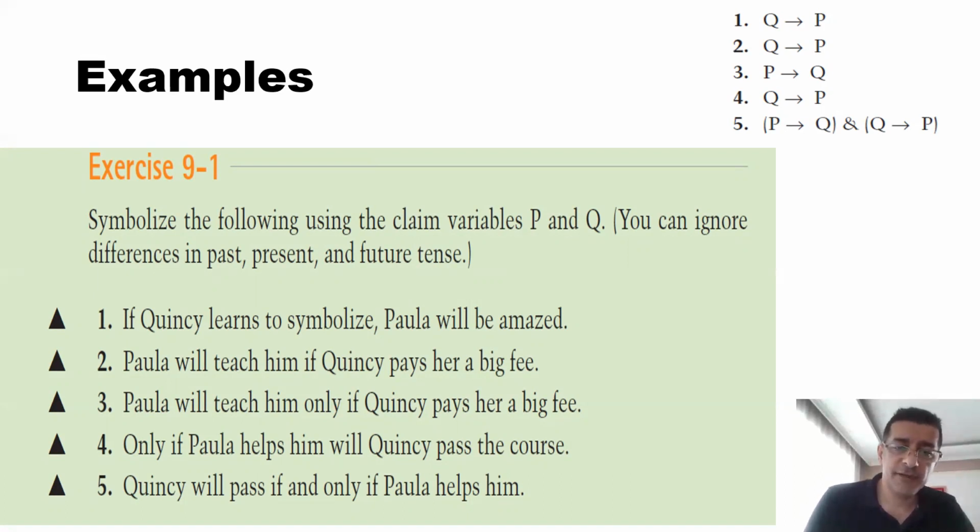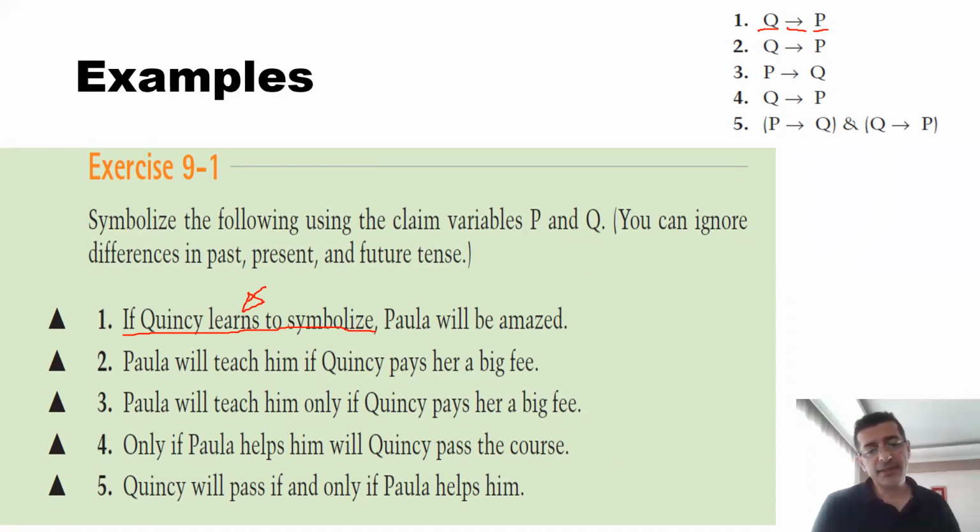Here, if Quincy learns to symbolize, Paula will be amazed. Now, as you can see here, this is our sufficient condition for Paula to be amazed, right? So I just write it like Q arrow P. Why? Because Q is sufficient. And when it's sufficient, in our notation, it appears before the arrow.